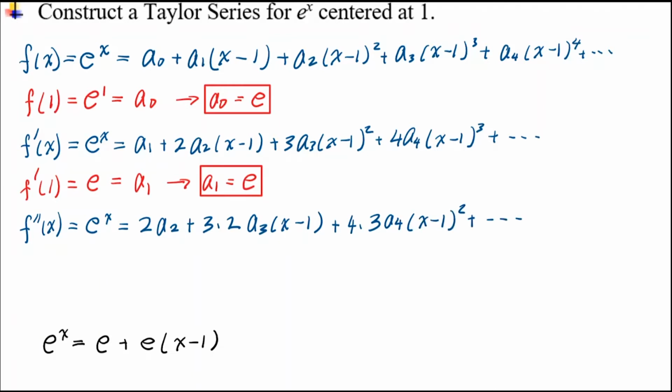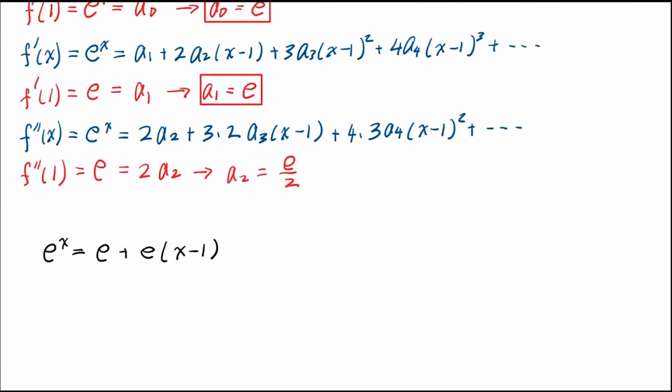Good. Say yes. So for f double prime, I'll plug in 1 again, so this thing becomes e, and you have 2 a2, and the rest of the terms die. Good. So that tells you a2 is equal to e over 2. Okay, so I'm going to add it on here. So I have e over 2 and then (x minus 1) squared. Good.